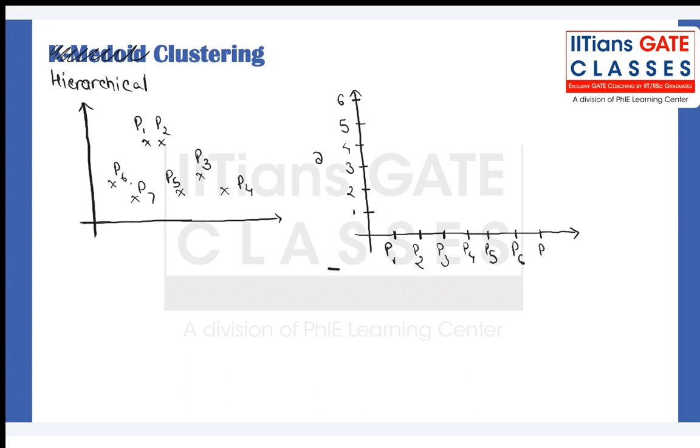First step is to compute the distance of each point with every other point. Consider P1, consider the distance from P1 with every other point. P2, consider with every other point. Similarly, P3, P4, P5, P6, and P7.